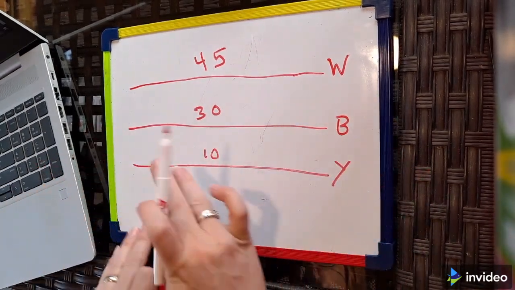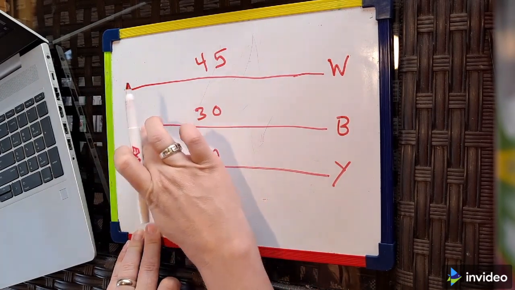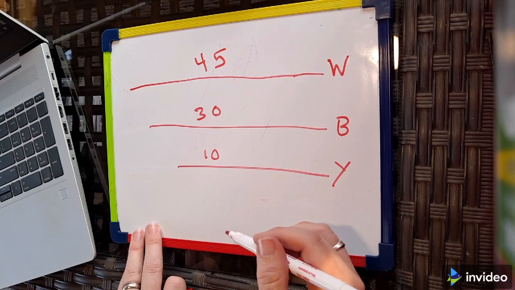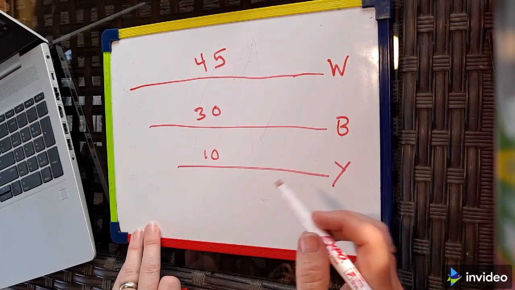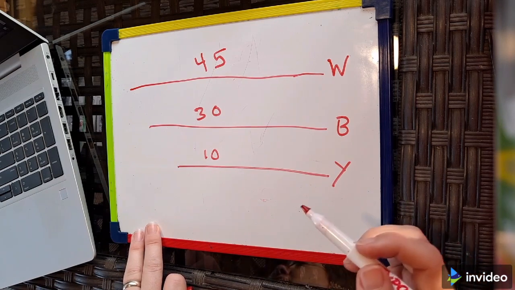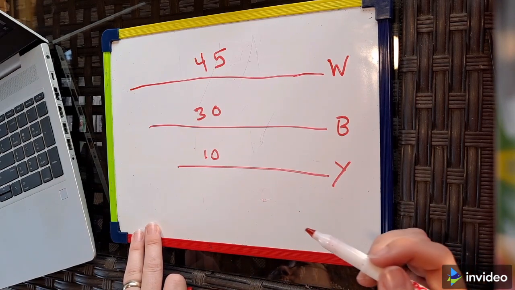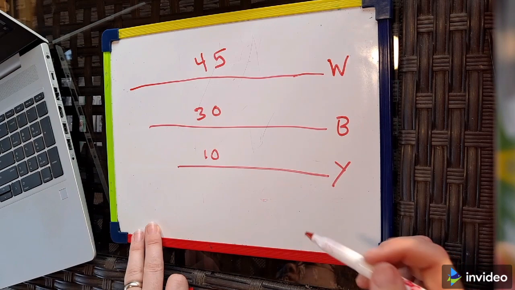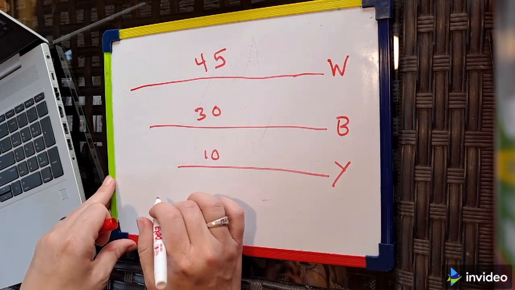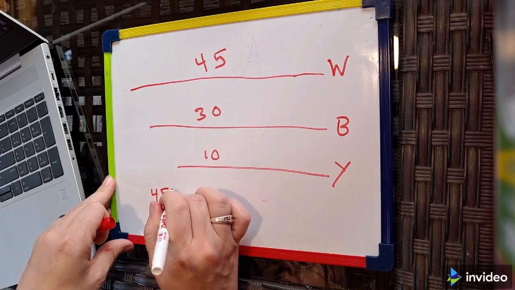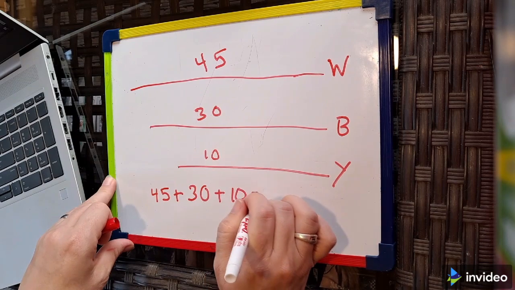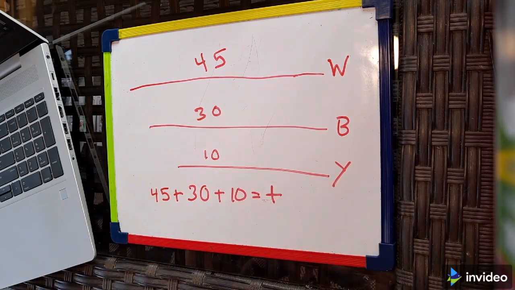If students want to show the differences more, they could modify it, but as long as they're putting the number to indicate how long it is. Write an equation or equations to find the total length in feet of the white, blue, and yellow ropes. Use the letter T in your equation to show the total length of all the ropes. So in that case, I would just do 45 plus 30 plus 10 equals T.